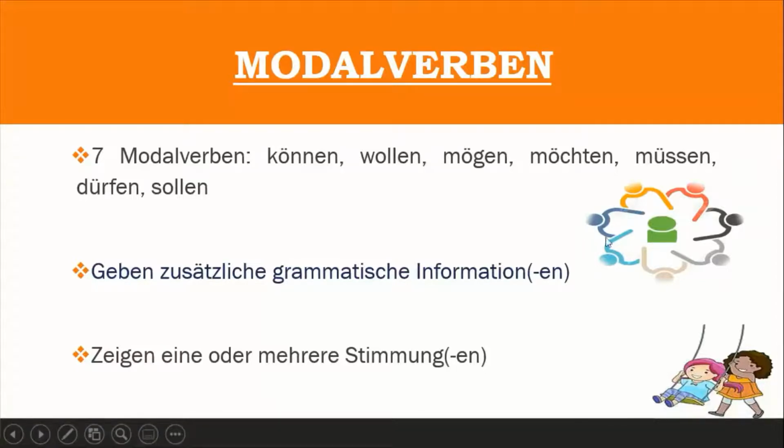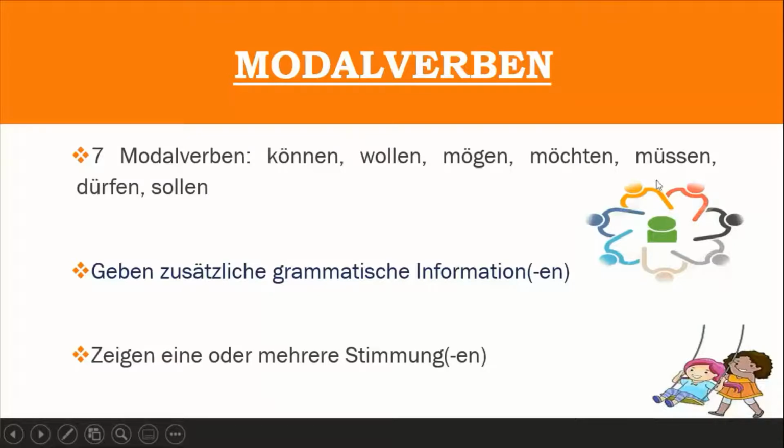So the modal verbs will help the main verb in doing something or in showing something in a German sentence and question. The main verb can exist on its own.